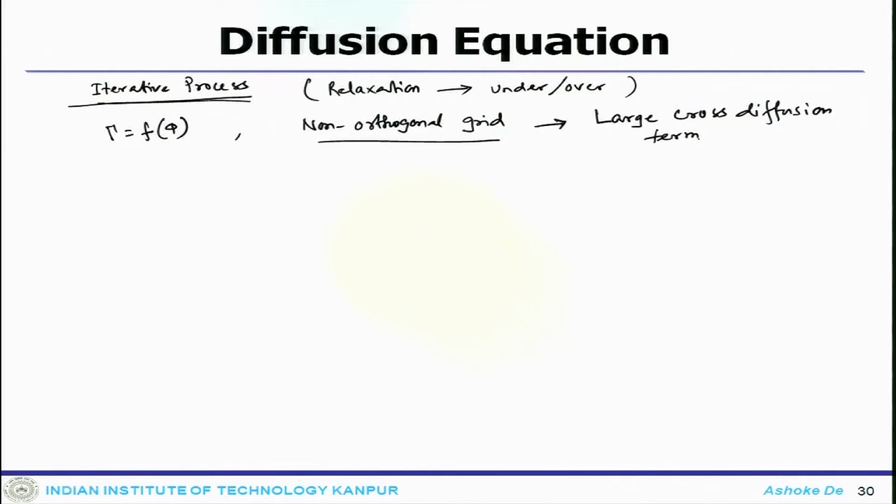If you have a large cross diffusion term, it will have a large variation in phi.